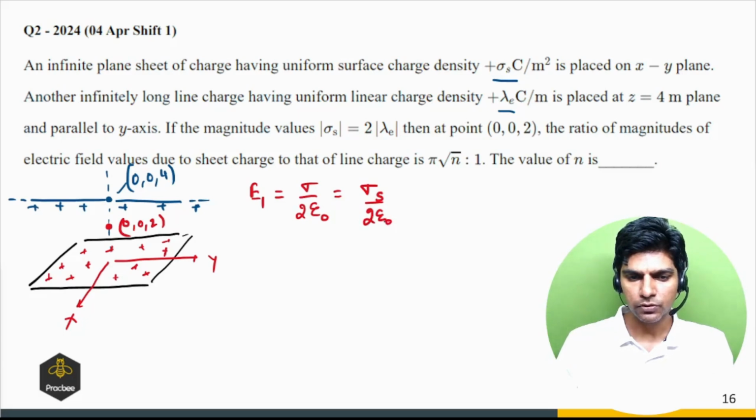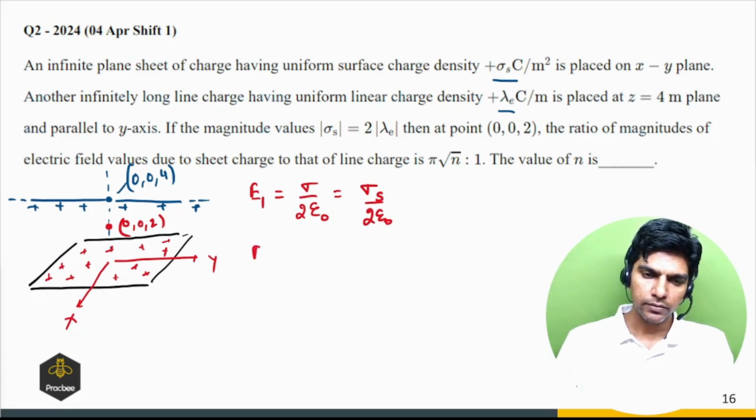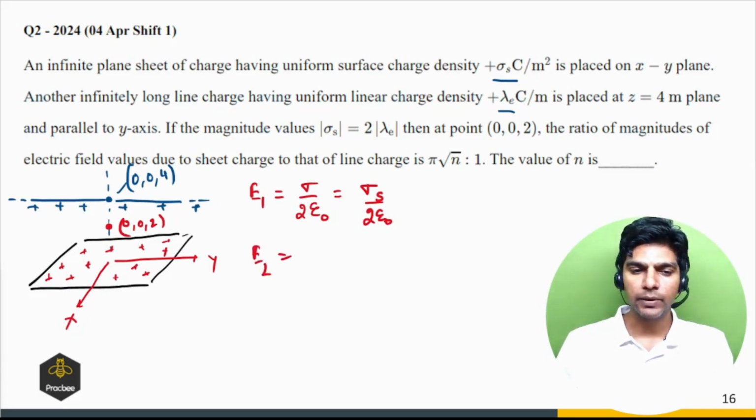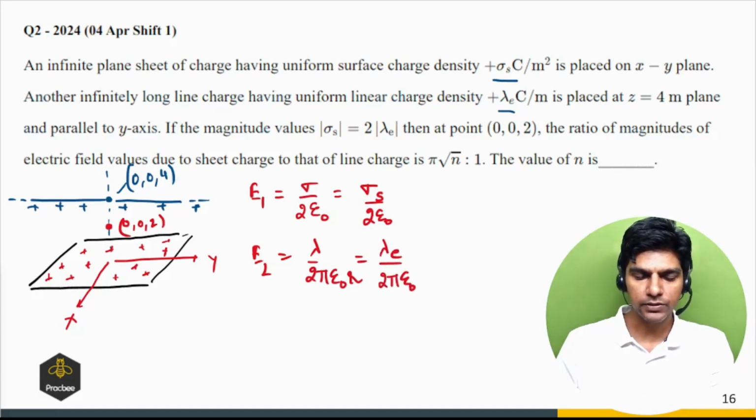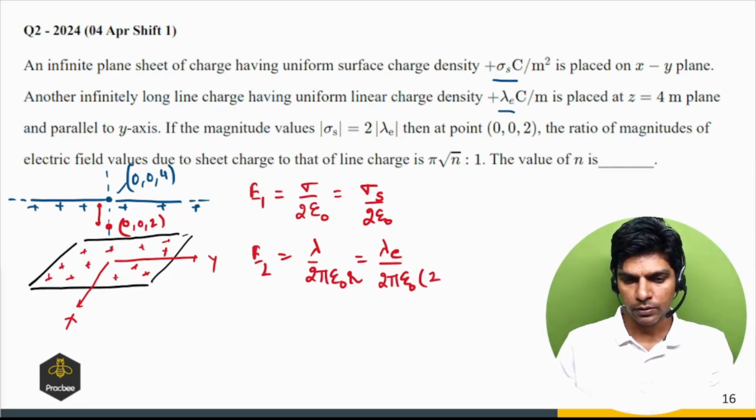E2 is the electric field by the line charge, and for the line charge it is given as lambda upon 2 pi epsilon naught times r, where r is the perpendicular distance from the line charge. So lambda is given as lambda e, and r in this case will be what? The distance of the point where we want to find the field is 2 meters from the line charge, so that will be 2.